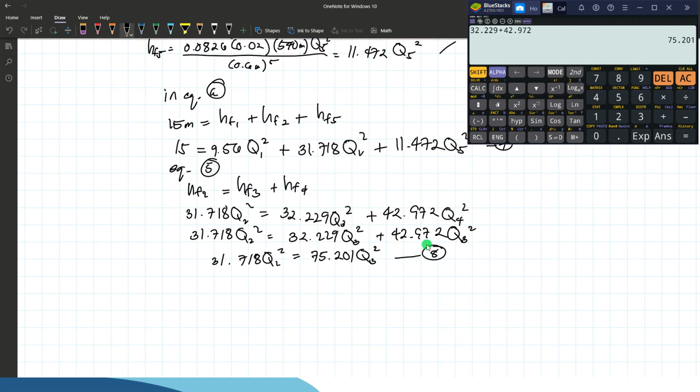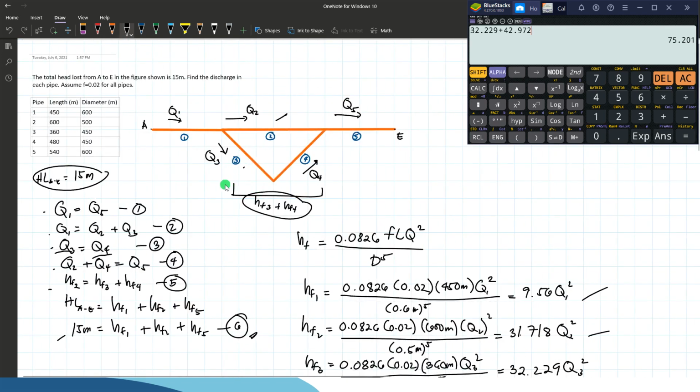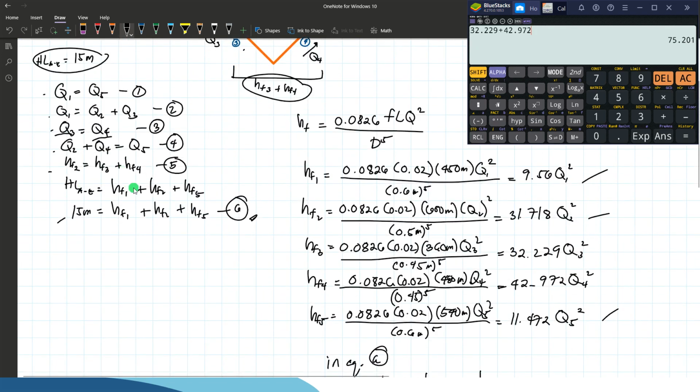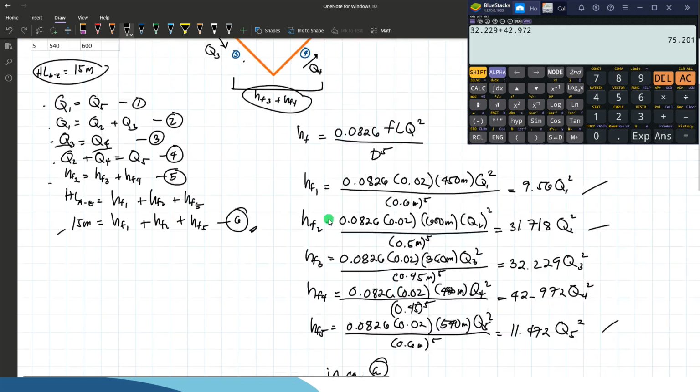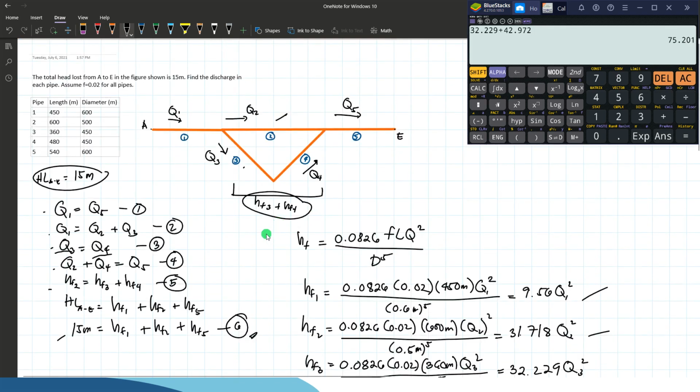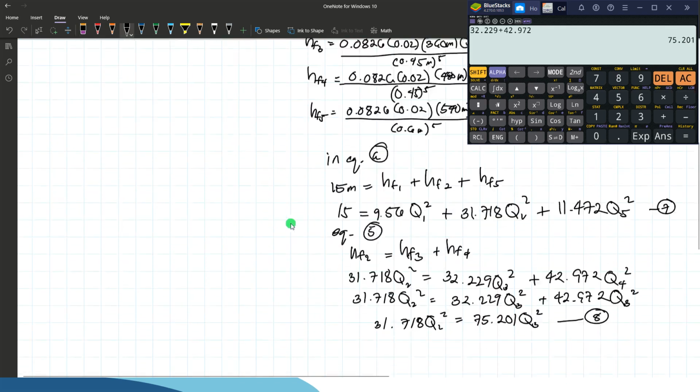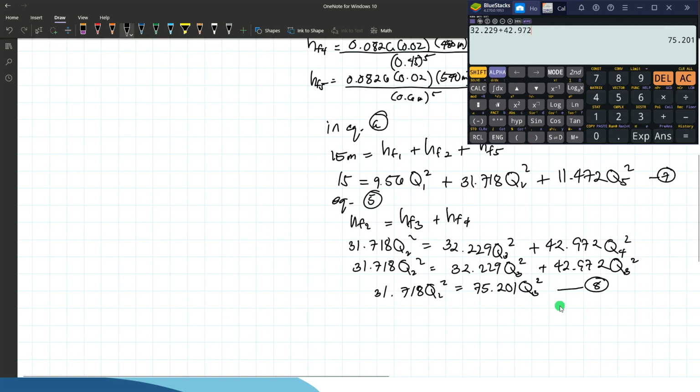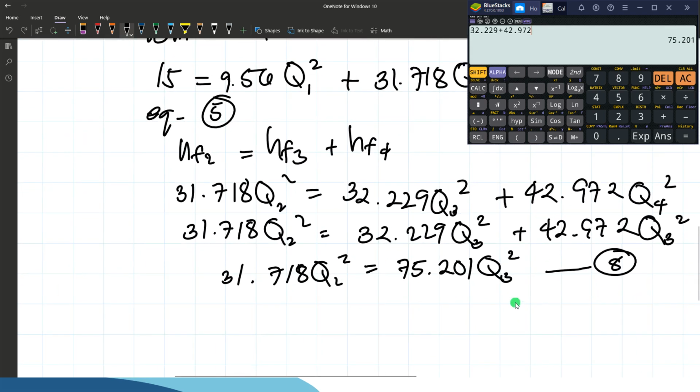Okay, then what we will do next is again use another equation here. So actually, since we have equation number 8, in order for us to eliminate the exponent squared, we can also take the square root of both sides. If we take the square root of both sides, the exponent 2 will be eliminated.